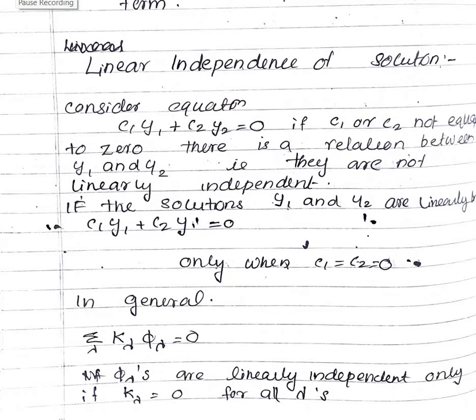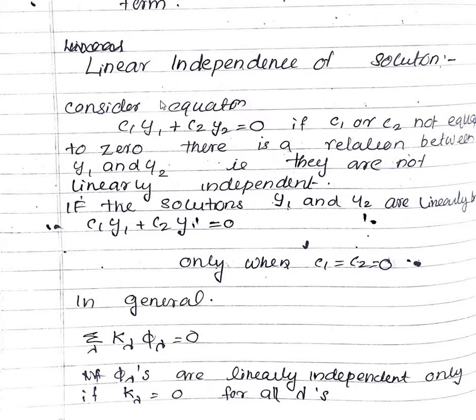Before entering into the second solution, let us examine what is meant by linearly independent and linearly dependent solutions. In general, let us consider the equation c1y1 plus c2y2 is equal to 0.